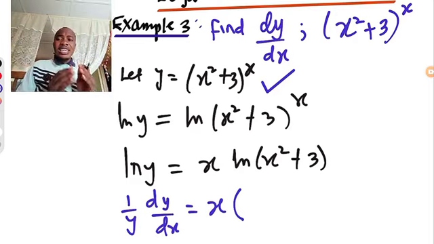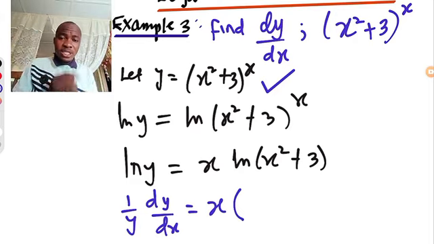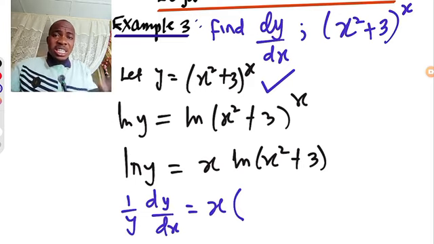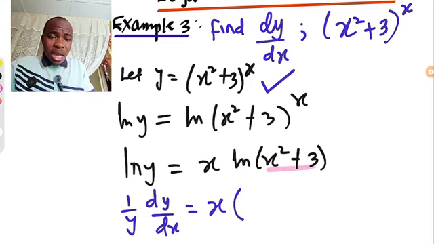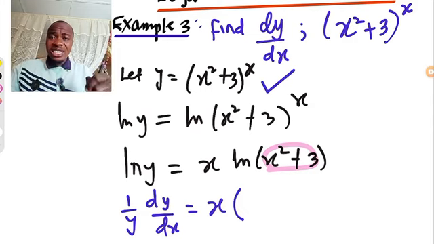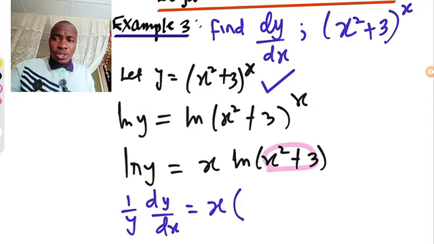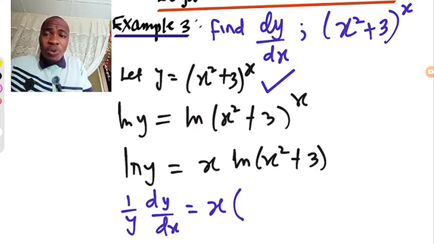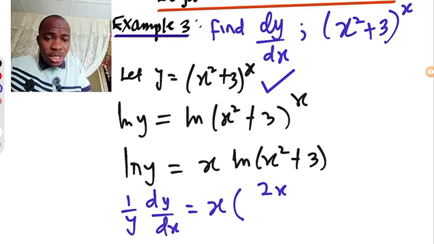According to what I said from the beginning, you differentiate the argument, x squared plus 3, then divide by the argument itself. The derivative of the argument is 2x, because the derivative of 3 is 0, then divided by x squared plus 3.